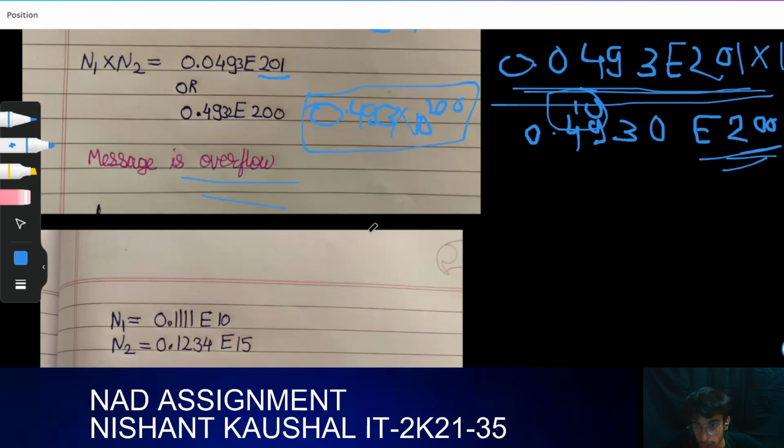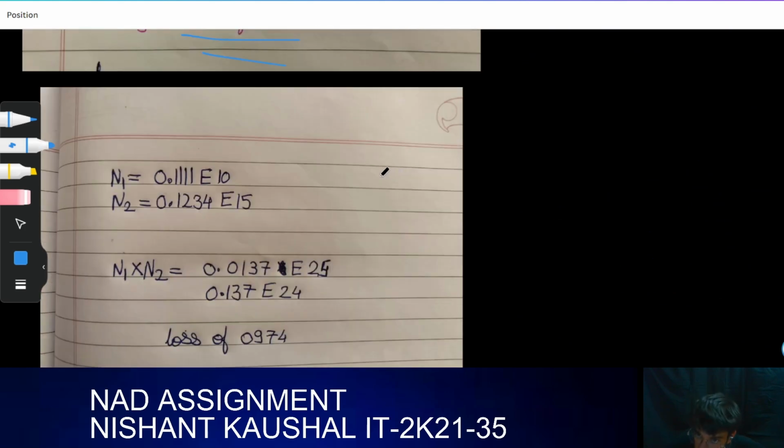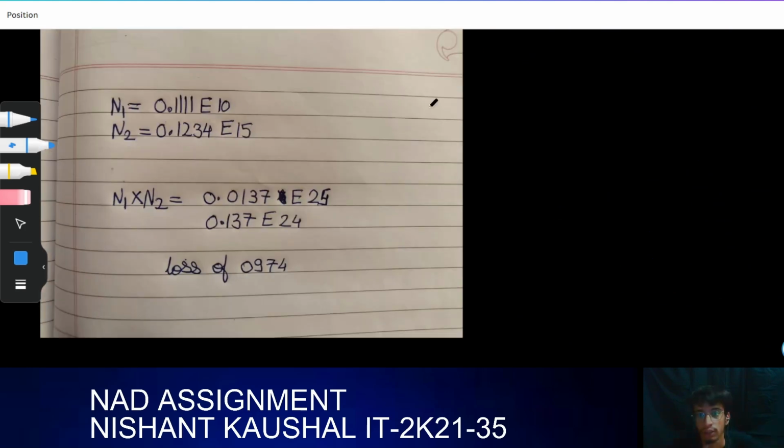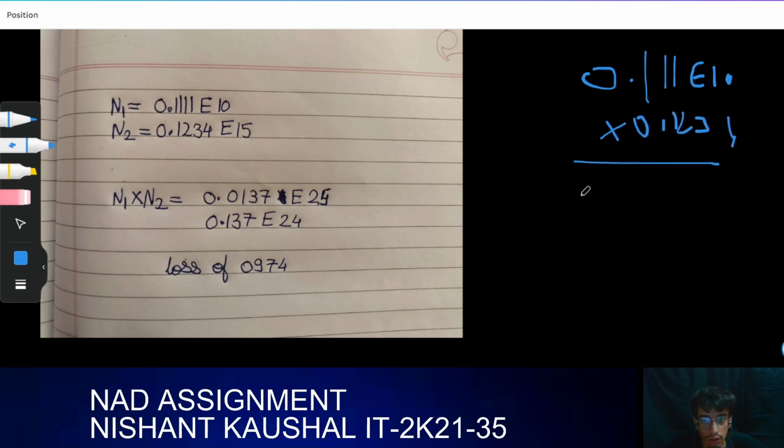Now we will apply this operation on the second part as well. So 0.111 e to the power 10 into 0.1234 will be 0.13700974. I have found these digits using a calculator, so you can also use a calculator.